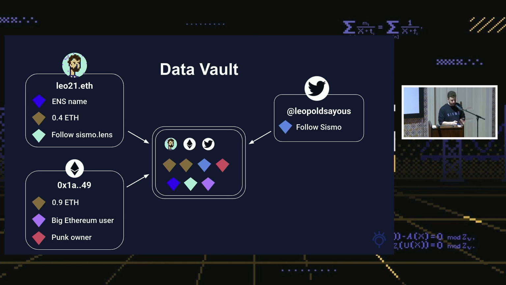So how it works technically, it's a group membership. The more types of groups you have, the more granular data you have, because the ZK proof is just proving that you are part of some different types of groups. For instance, a group can be the list of all the punk owners. And you also have the possibility to have a value, like the balance.